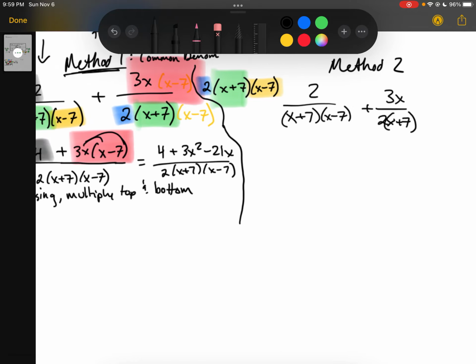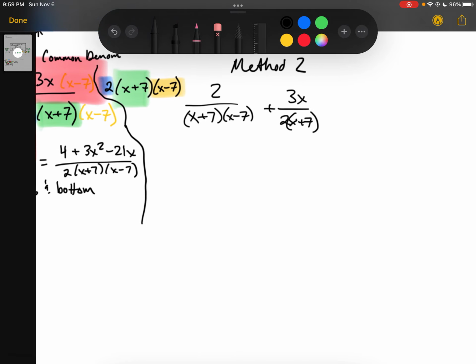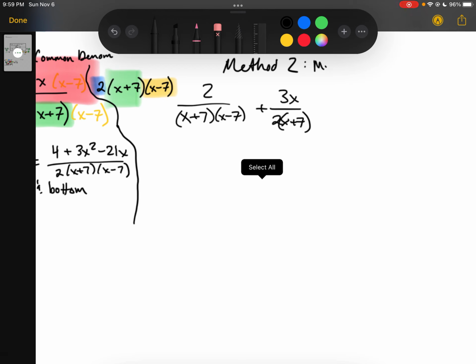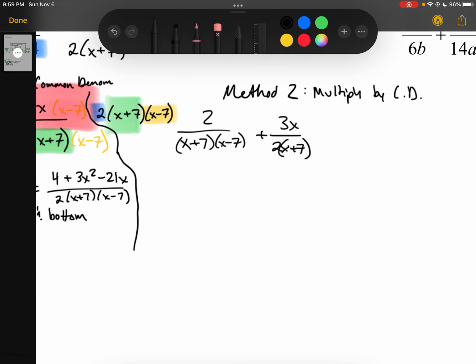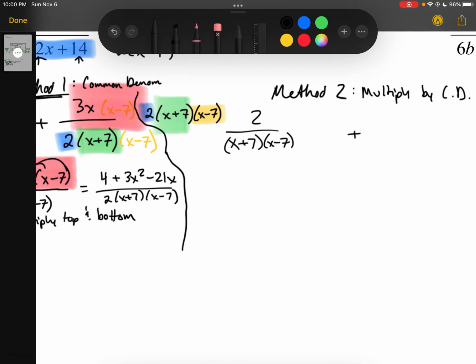Now the second method is something that I think a lot of people prefer to do, and this is multiply by the common denominator. So I'm actually going to rewrite our second term to give us just a little bit more space here.